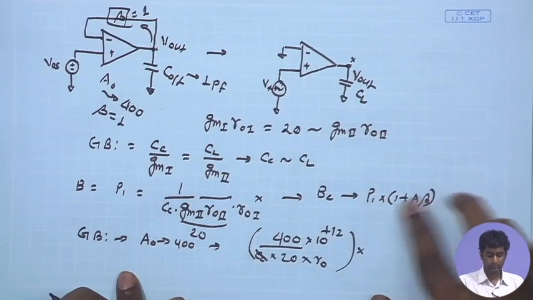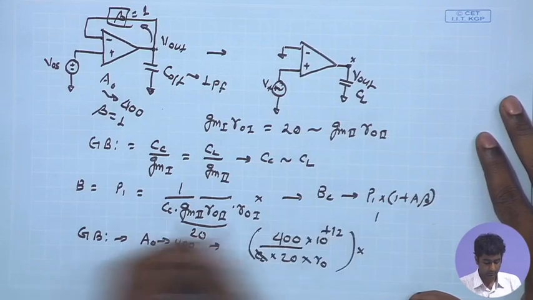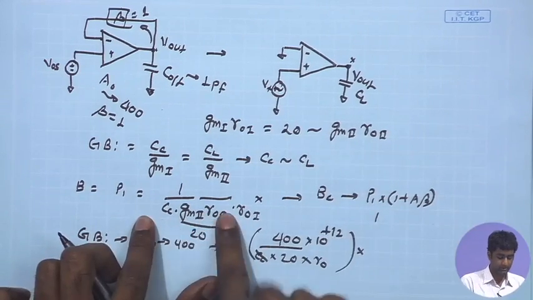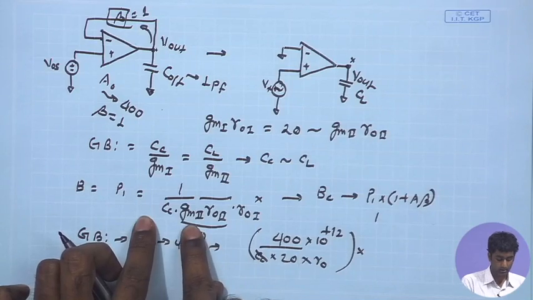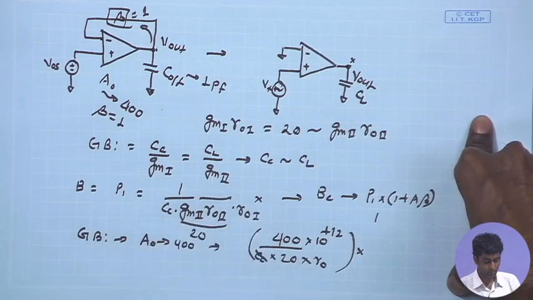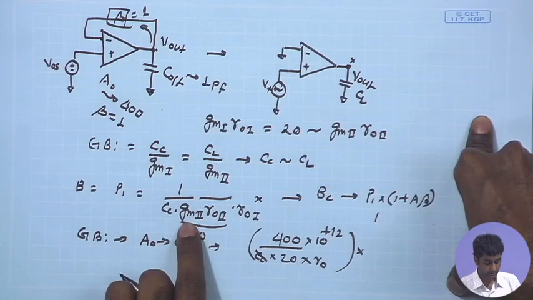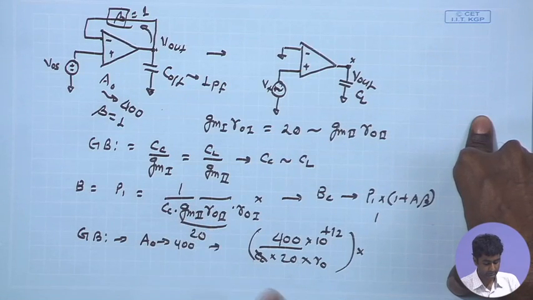beta is anyway 1, therefore, just A times P1, and this is going to be P1 multiplied by the overall A, which is GM1 RO1, GM2 RO2. Therefore, the closed loop bandwidth that we are going to obtain from here is once again just GM1 upon Cc.